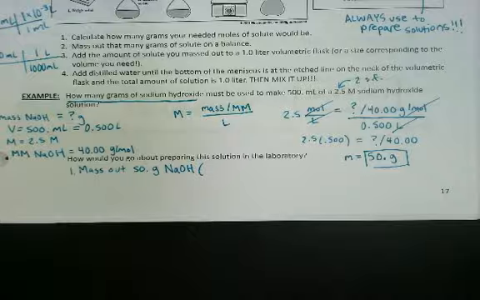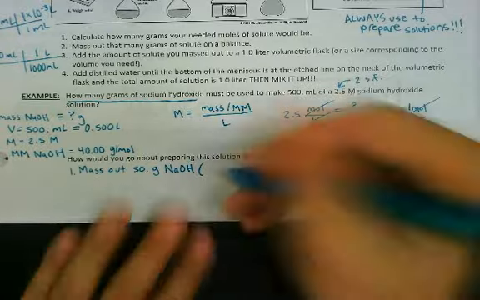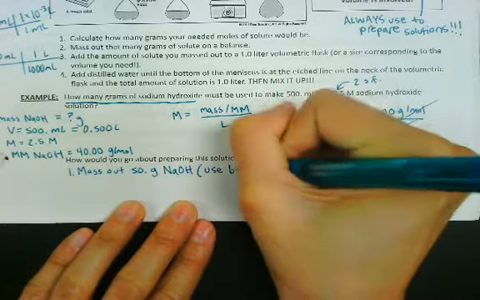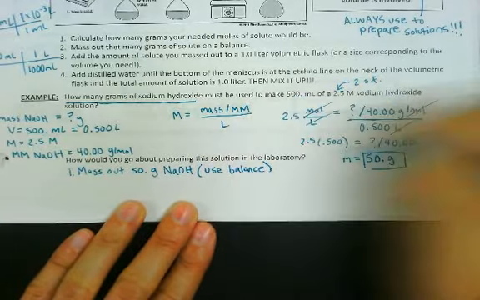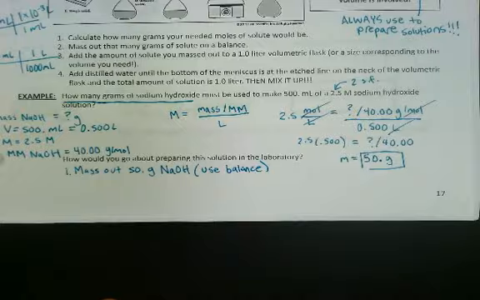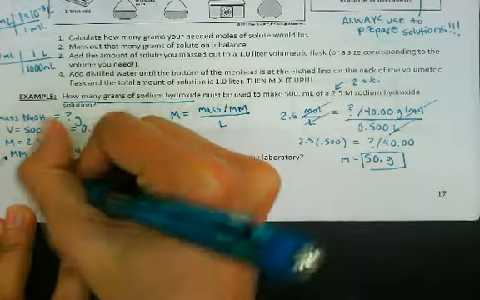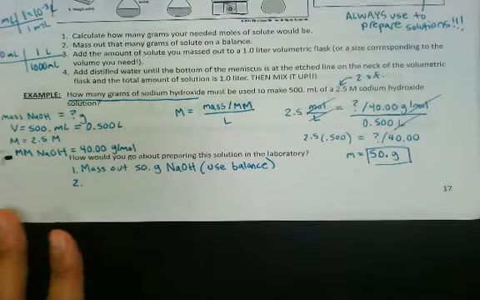What could we use to mass that out, y'all? A balance. We could use a balance. And we would also probably use a weigh boat because we don't want to just put our sodium hydroxide directly onto the balance. But definitely we're using that balance along with the weigh boat.